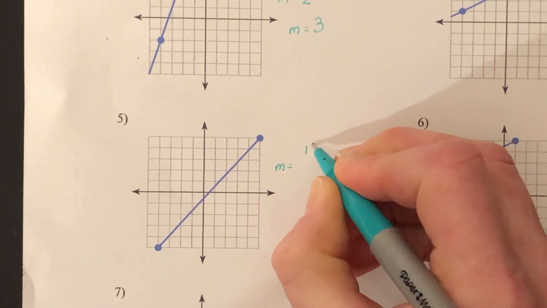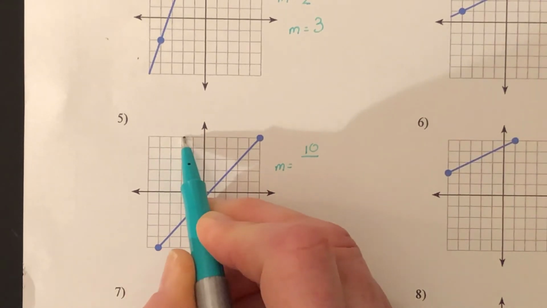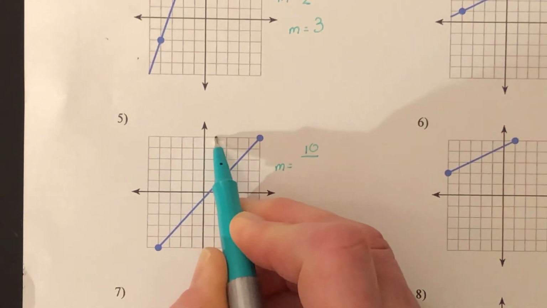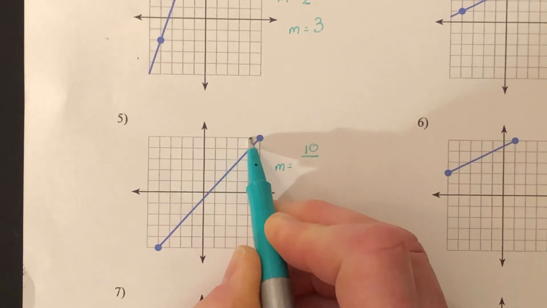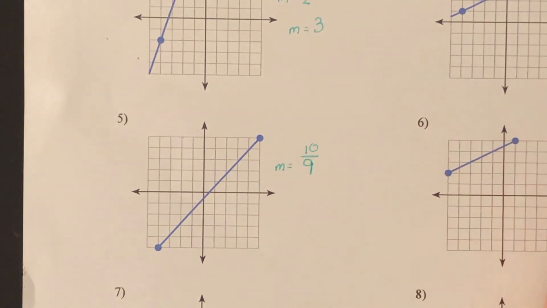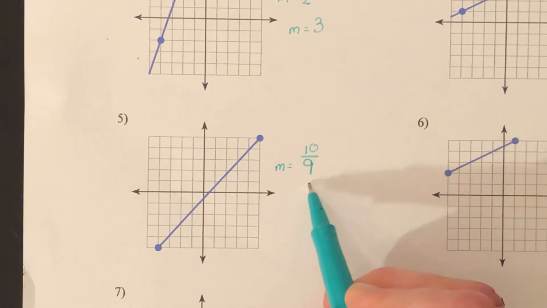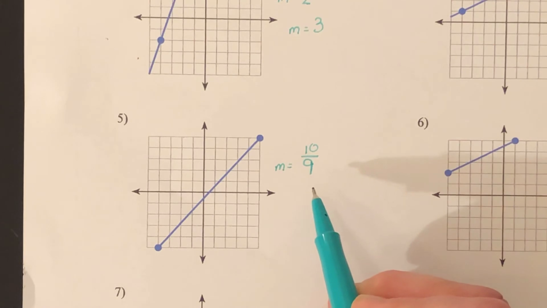Right there with a 1, 2, 3, 4, 5, 6, 7, 8, 9. Wow. All right, that is the slope for number 5. Remember, when it's the slope, you leave it like that. You don't ever convert it to a mixed number.